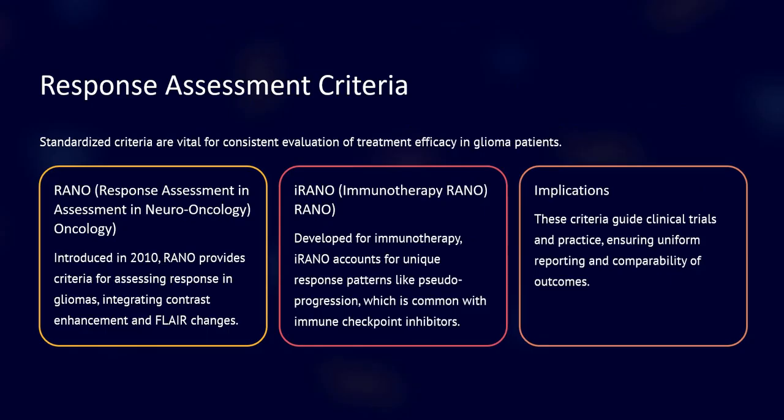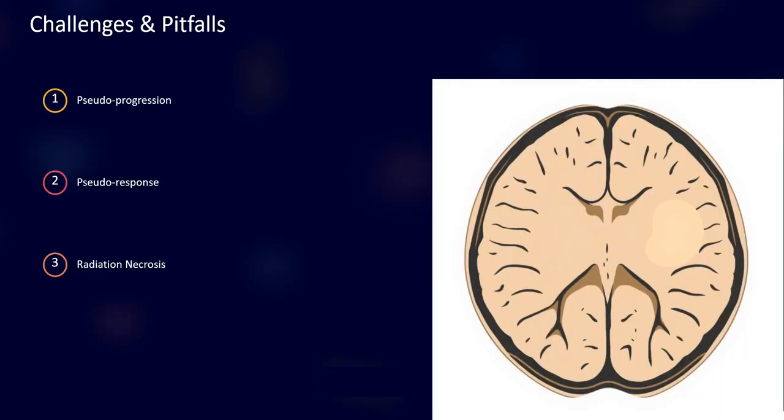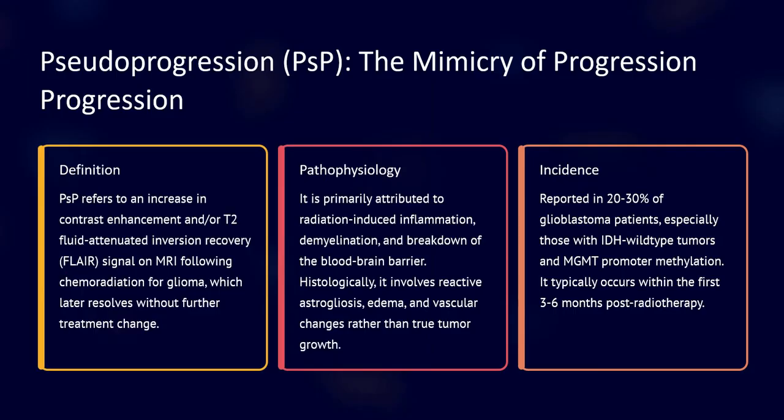We have some standard criteria to evaluate treatment, RANO and iRANO, response assessment in neuro-oncology. These criteria guide the clinical trials, but we have some challenges: pseudo-progression, pseudo-response, and radiation necrosis.